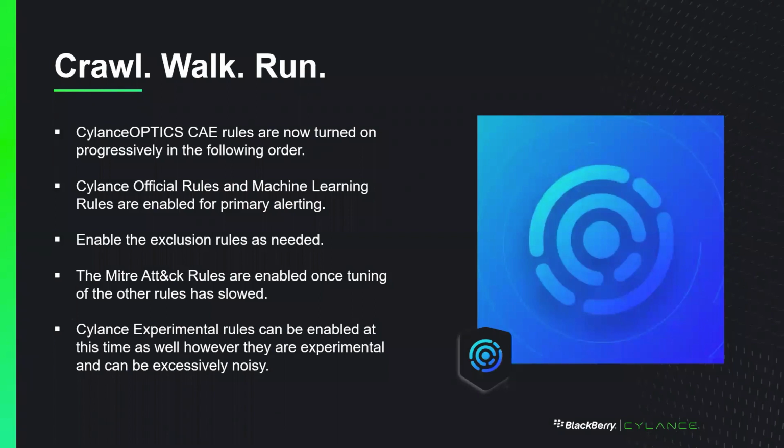Right. So that said, when you're going through and you're tuning Optics, utilize those official rules and machine learning rules that are enabled for that kind of primary alerting. And again, the key word there is alerting. Get to the point where those detections are simply bubbling up and allow you to analyze and look at them, because this is what EDR is really all about, right?